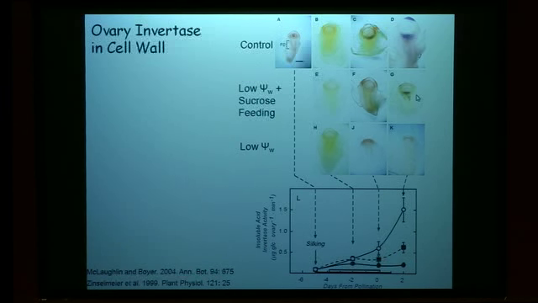Quantifying that in this graph down underneath, you can see that the controls had gained in invertase activity. The water-limited plants down here at the bottom of the graph did not, and we've been able with sucrose feeding to partially reverse the activity of the cell wall bound invertase in these structures.